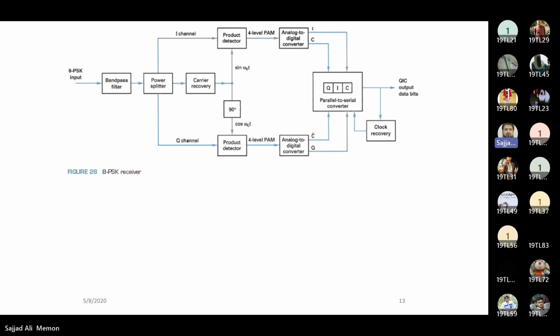That will be split into two channels, I channel and Q channel, with carrier recovery. That will be multiplied in the product detector by sine omega ct and cos omega ct. Then we have the 4-level PAM converter that will convert the 4 levels into I, C dash and Q. Then we take only Q, I, C as the output, and again we have the clock recovery.